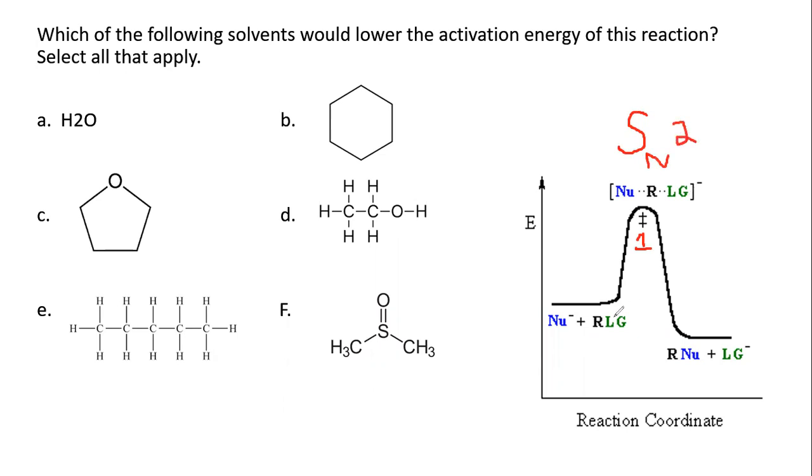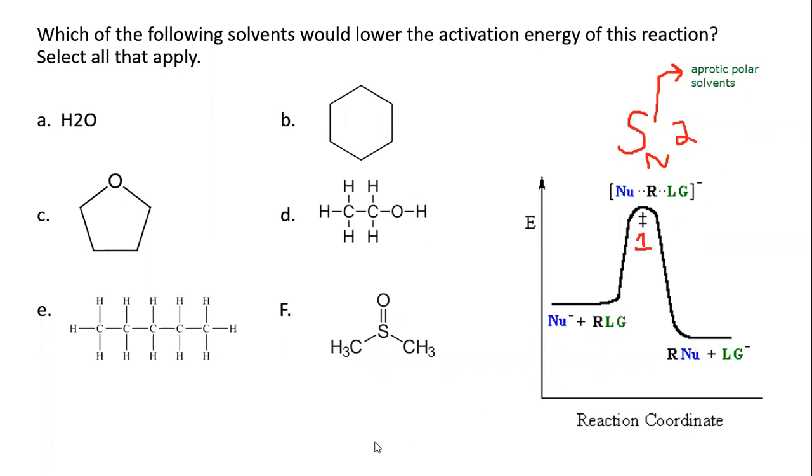And for SN2 reactions, what type of solvent do we prefer? That's right, aprotic polar solvents. So the ones that would help lower this activation energy are the solvents that are aprotic polar.